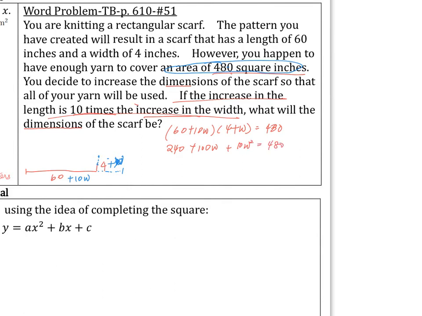Now we can simplify, and then we can rewrite this as W squared plus 10W plus 24 equals 48. And then I can write this as W squared plus 10W equals 24, subtracting 24 on the other side, and then to complete the square.